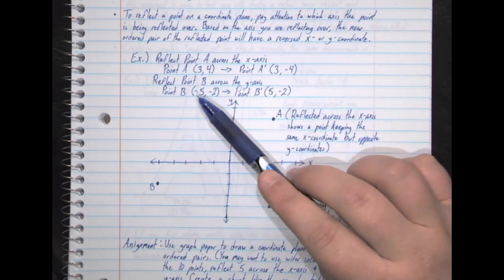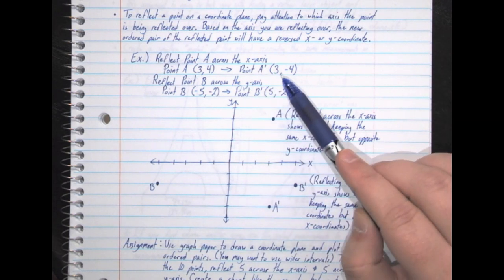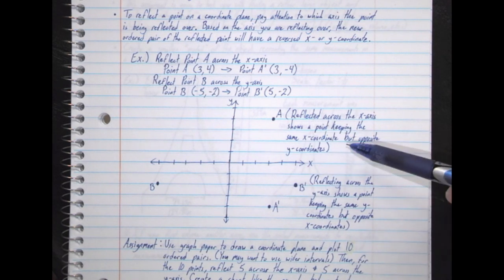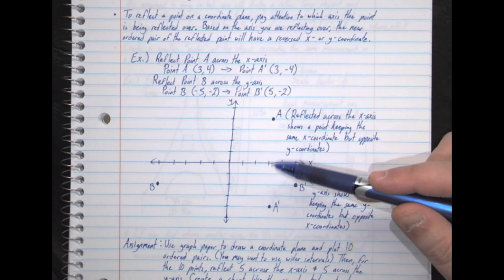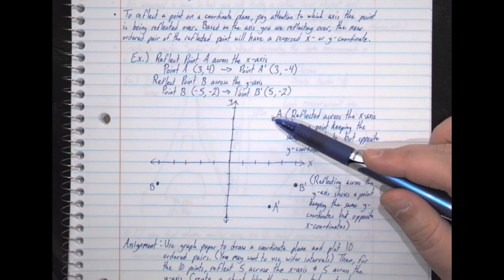So we went from 3, 4 to our reflected point A being 3, negative 4. Reflected across the x-axis shows a point keeping the same x coordinate, which was 3, but opposite y coordinates, which we went from 4 to negative 4. That's where the flip was made. We found the opposite y coordinate when flipping over the x-axis.